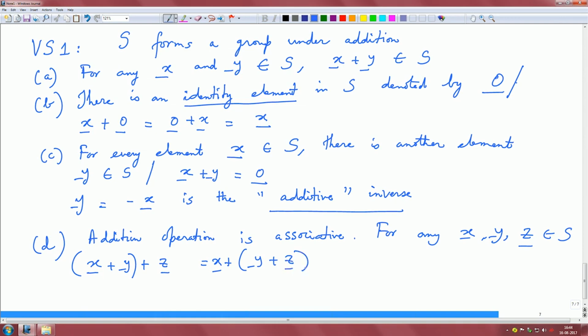You can group x and y first, add them up, then add z, you can group y and z and then add x, and that result is the same. So, this is one set of properties. S forms a group under addition.